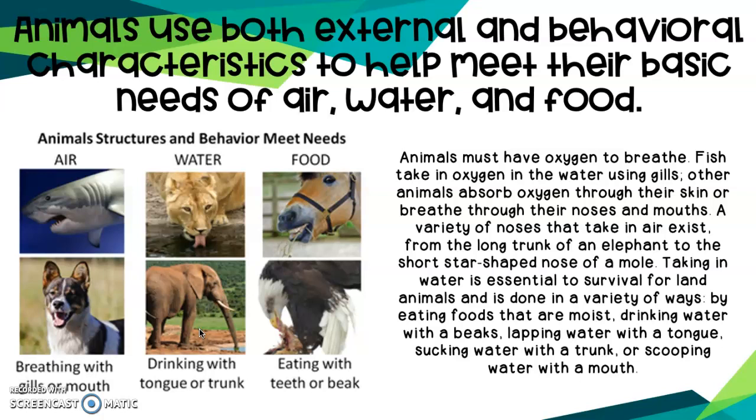A variety of noses that take in air exist, from the long trunk of an elephant to the short star-shaped nose of a mole. Taking in water is essential to survival for land animals and is done in a variety of ways: by eating foods that are moist, drinking water with a beak, lapping water with a tongue, sucking water with a trunk, or scooping water with a mouth.